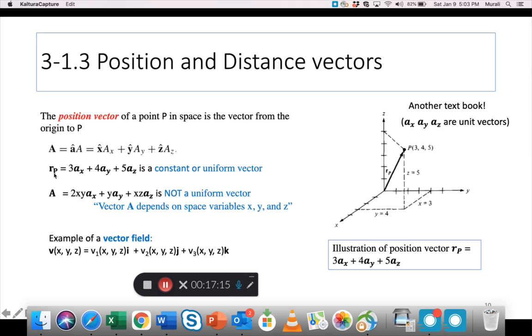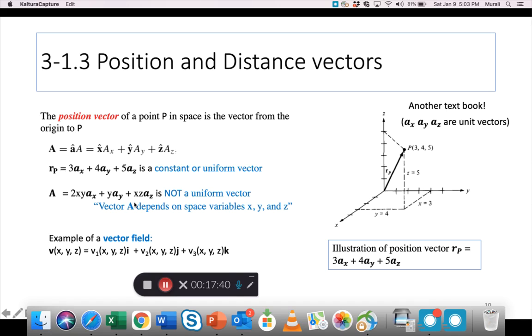So you can see how this vector a is written like this, rp, and p is the point it's going to from the origin, and it's written with the ax, ay, az and the coefficients 3, 4, 5, which are the coordinates of this point. Okay, so that is important to understand.